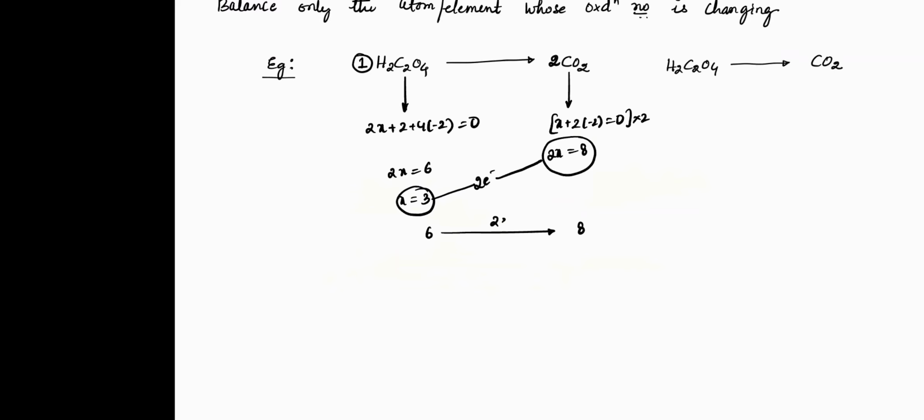These are the number of electrons transferred. So here 2x equal to 8, and here 2x equal to 6. The number of electrons transferred is 2.